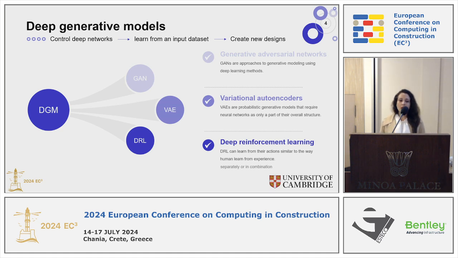Deep generative models typically use deep networks to learn from an input data set for creating new designs. And there are three main algorithms for the deep generative models, including generative adversarial network, variational autoencoders, and deep reinforcement learning. And these algorithms can be used separately or in combination.